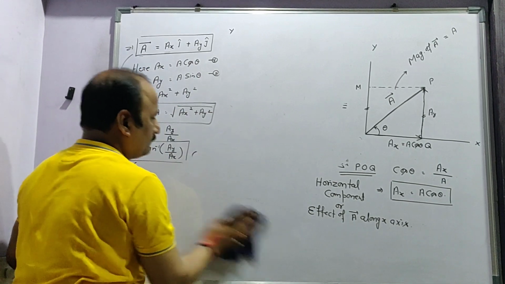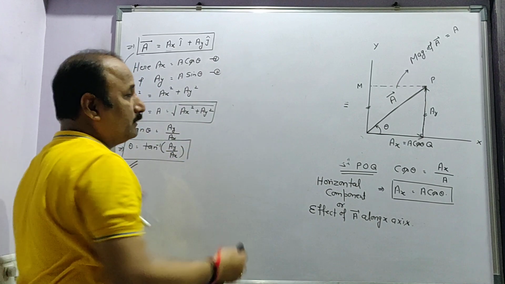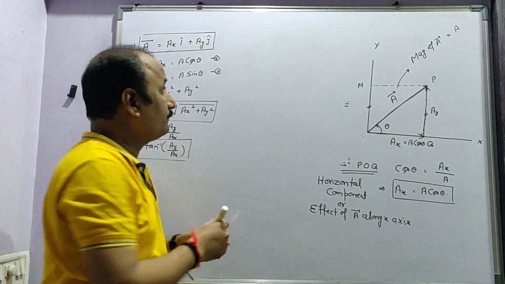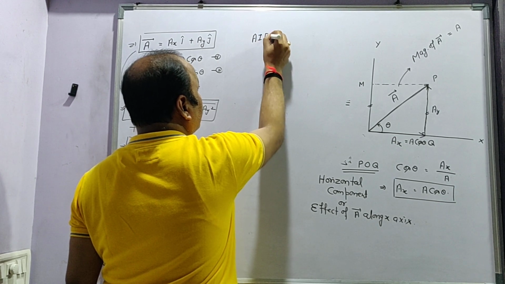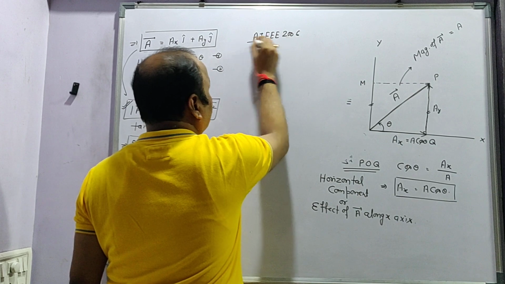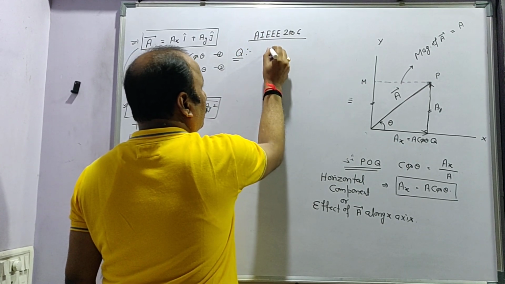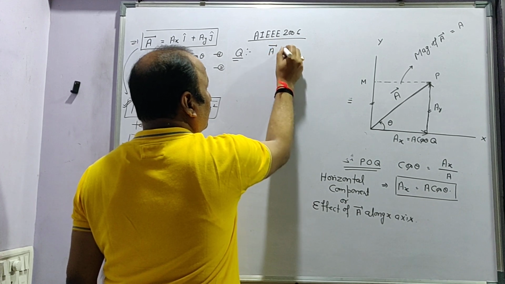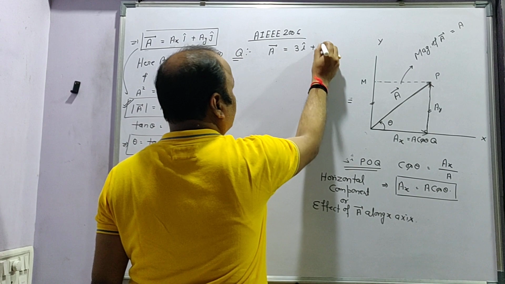So the question, which was asked in AIEEE 2006, is: vector A is 3 i cap plus 4 j cap.